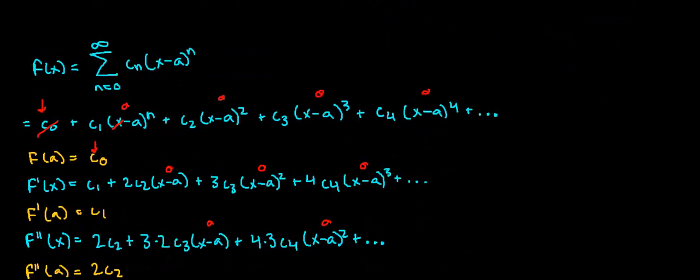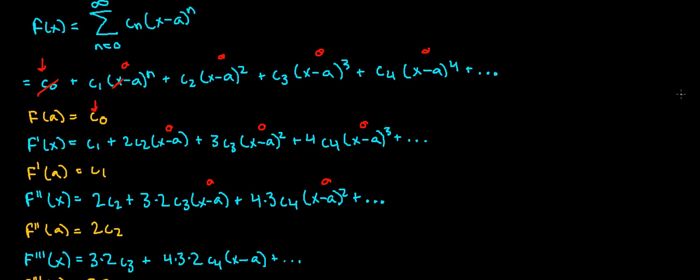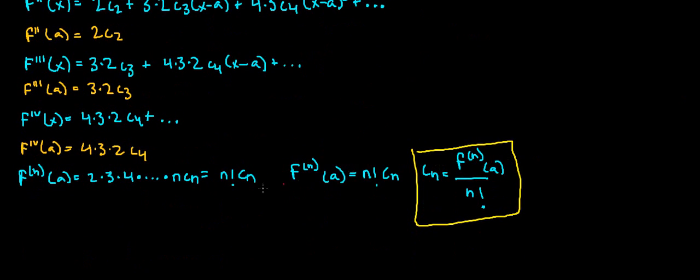It comes from the fact that if you put in a, it's going to make all of these other terms in the series 0, and it will leave just the coefficient that doesn't have an x there. And you keep taking the derivative, and it keeps leaving just one coefficient, one coefficient, one coefficient. And to simplify this, we write it like so.